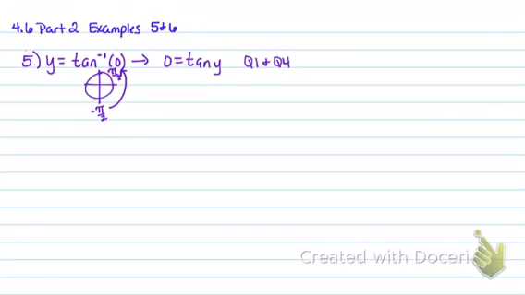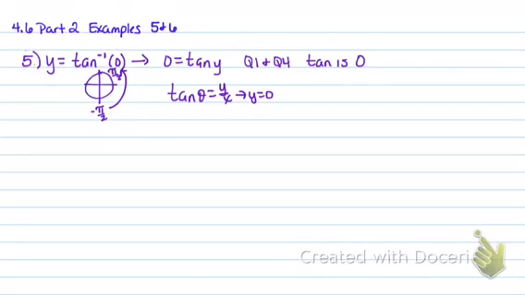Now, this one's weird because tangent's not positive or negative. Tangent here is 0. So we're really going to have to investigate this. So remember that tangent is equal to y over x. And the only way that this can be equal to 0 is if the y value here is 0.